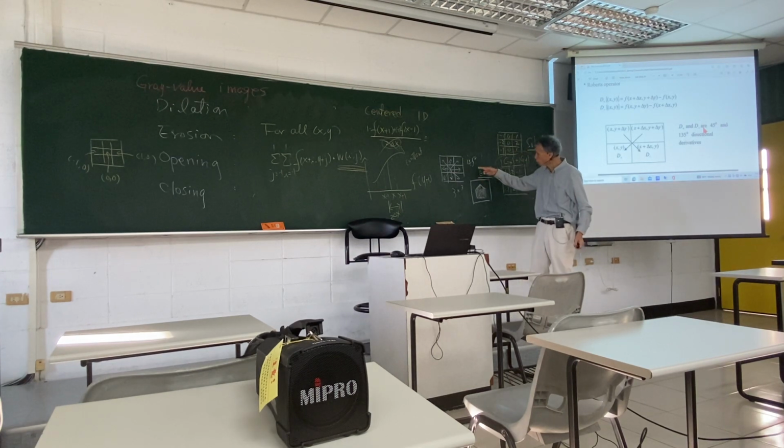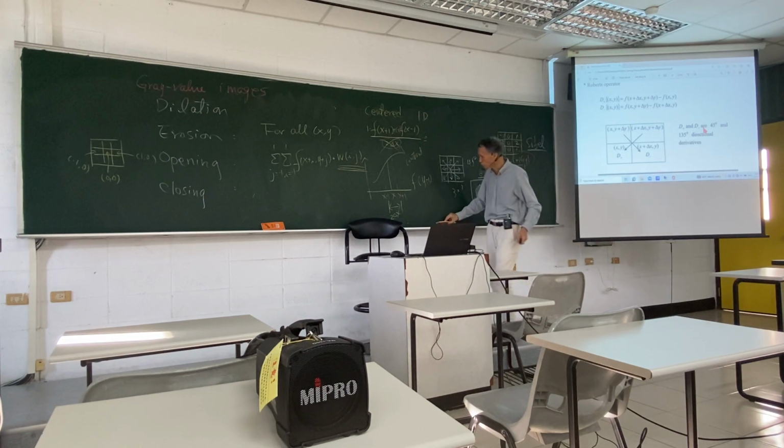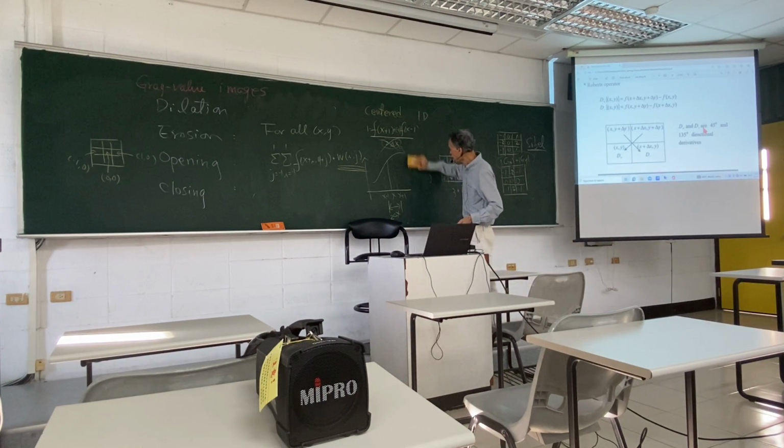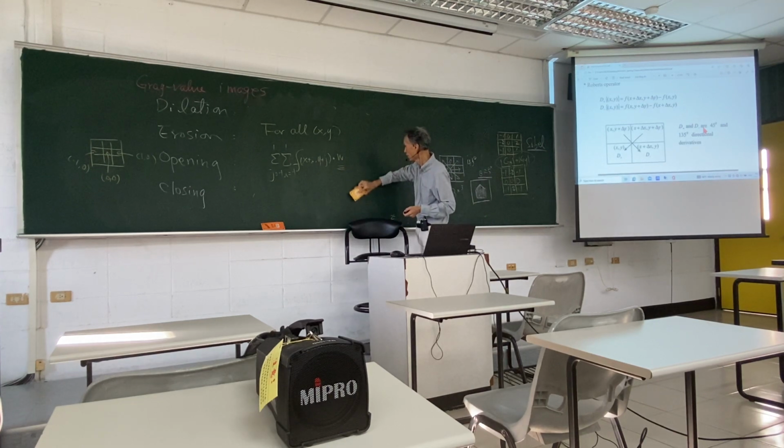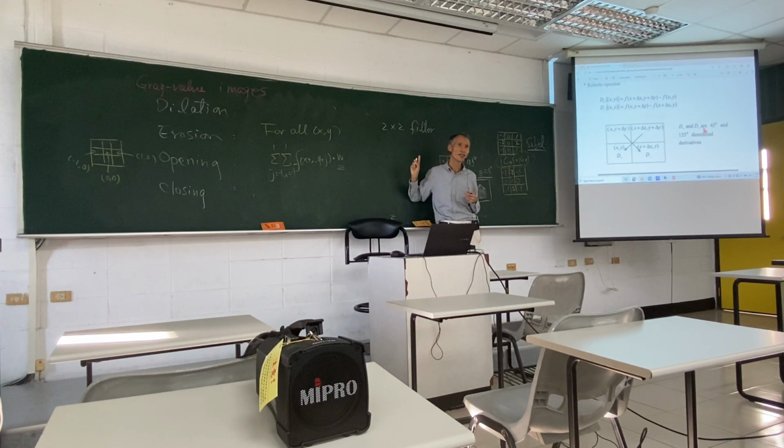Most of the Sobel operators or any Prewitt operators, any others, usually have to be 3 by 3. But when we come to the Roberts operator, it uses 2 by 2. The filter is only 2 by 2. The good thing about 2 by 2 is what?